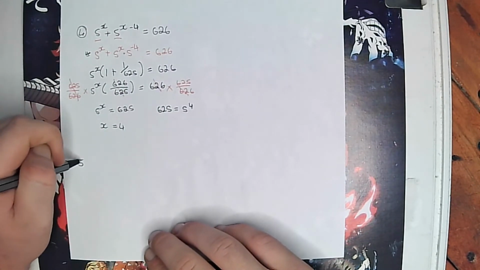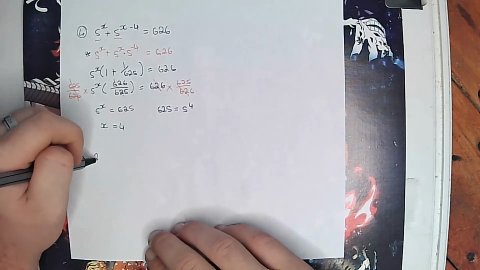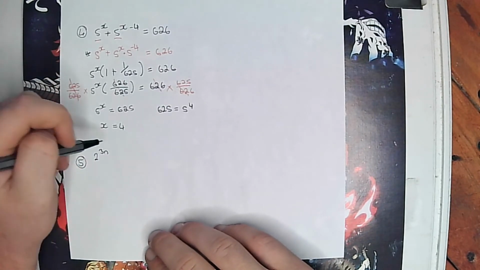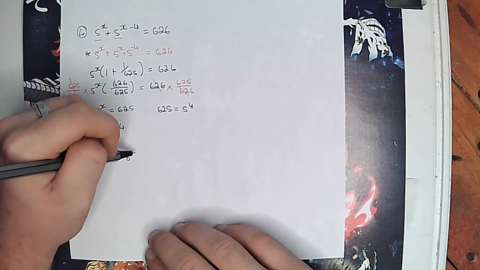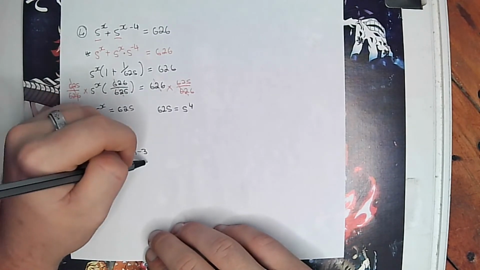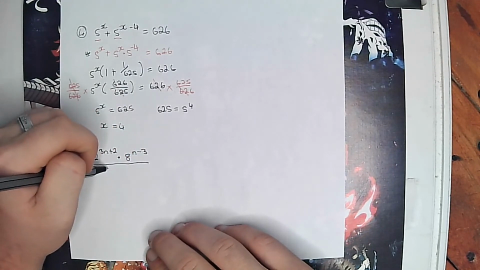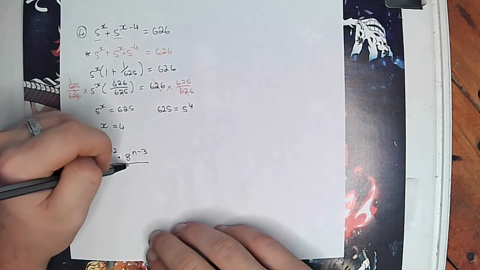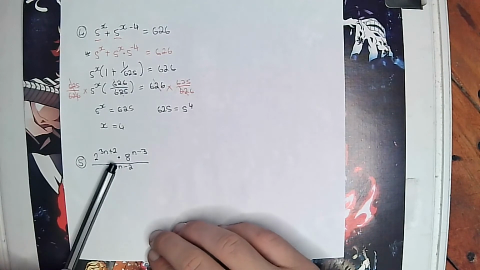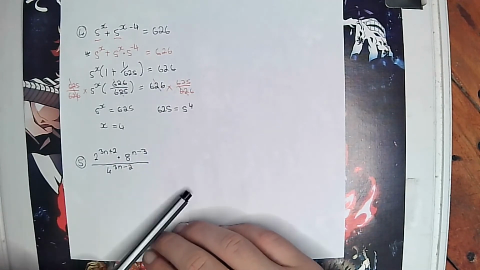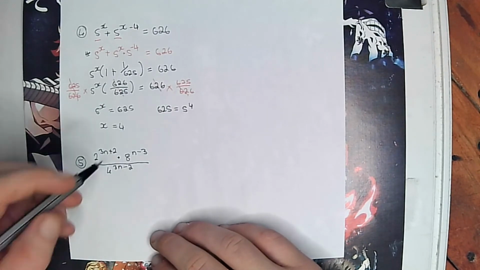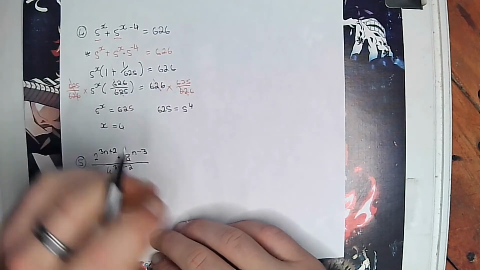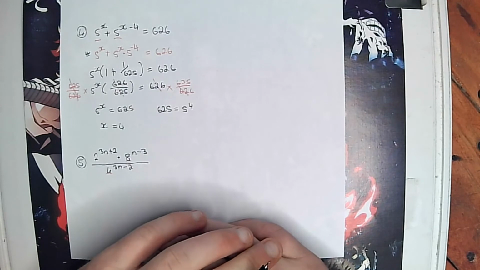2 to the power 3n plus 2 times 8^(n minus 3) over 4^(3n minus 2). So again, it's very similar to the one we already did. Again, what do we have to do? We have to simplify these values or get them to something that we can work with.